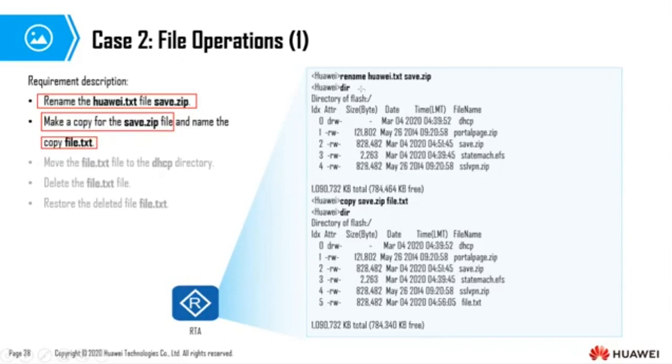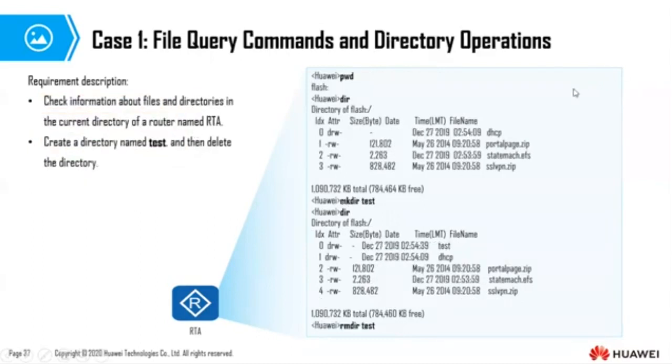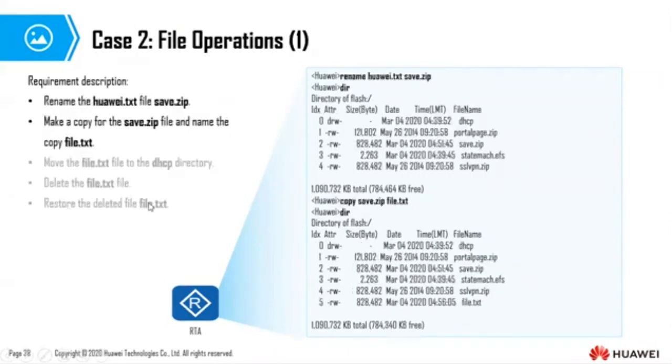So let's do it. So we had huawei.txt. Let me just show you in the previous one. Where is it? Oh, we didn't have it in this example. I thought we had it. Anyway, okay. So the command is rename.